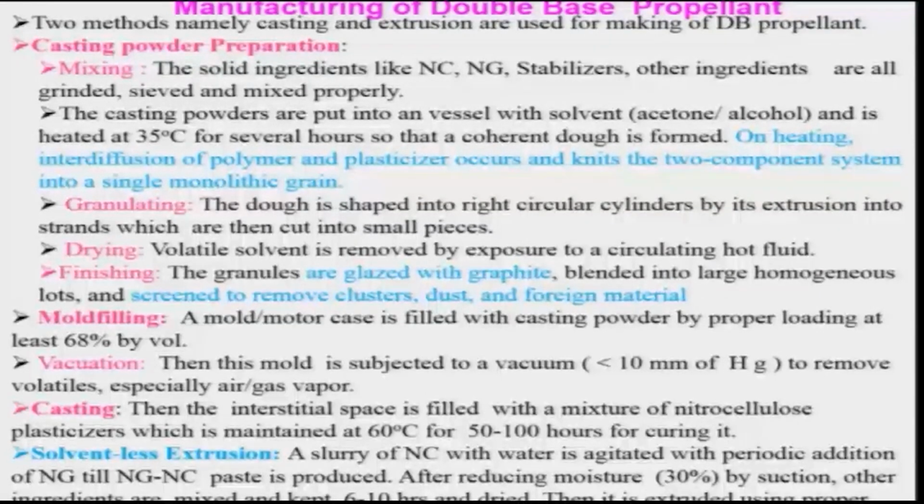Then the other required ingredients are mixed and kept for 6 to 10 hours and subsequently dried. Once it is dried, it can be extruded using a proper die, and then the extruded propellant grain is prepared.